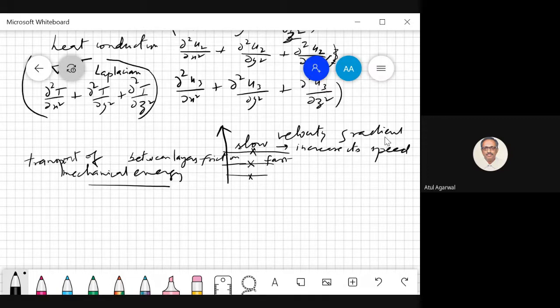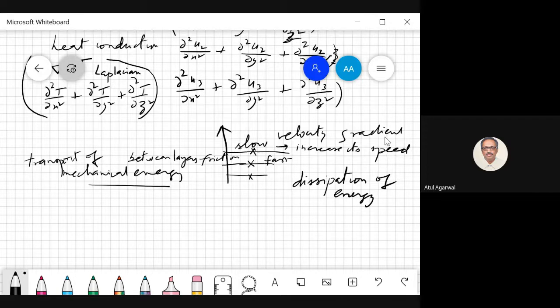And viscous effects also cause dissipation of energy. Why do they cause dissipation of energy? One thing is it is transferring energy because it is increasing its speed. Macroscopic speed is increasing. So energy is going from one layer to another layer.